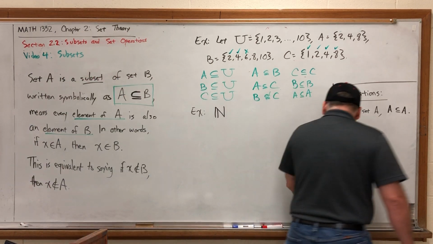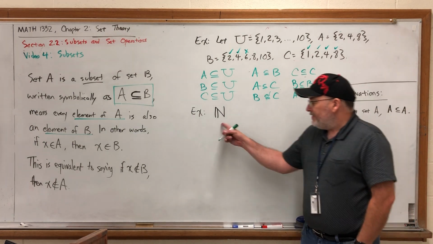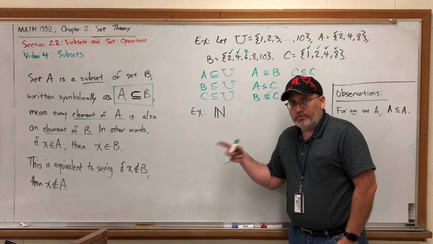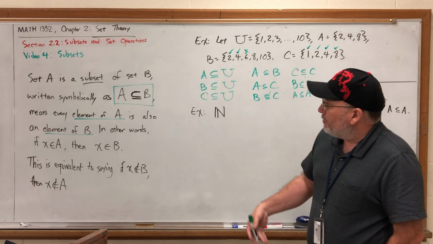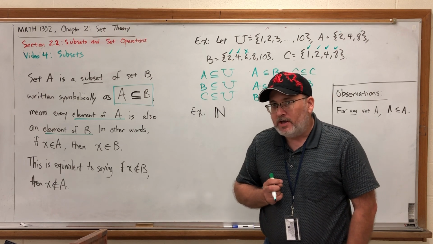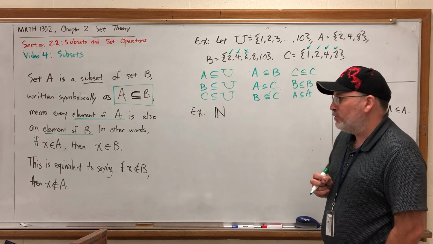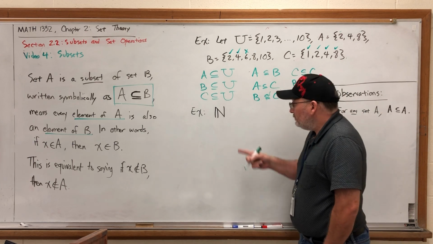In the next example, all I've got written are the natural numbers. Remember, these are the numbers that you count with, 1, 2, 3, and 4. If you don't remember the natural numbers, the whole numbers, I recommend going and watching the second video for section 2.1 about special sets of numbers, because I'm not going to write them all out here. I'll say them.